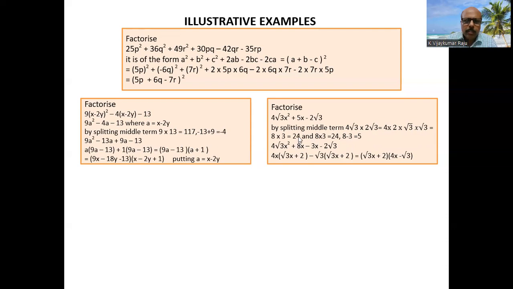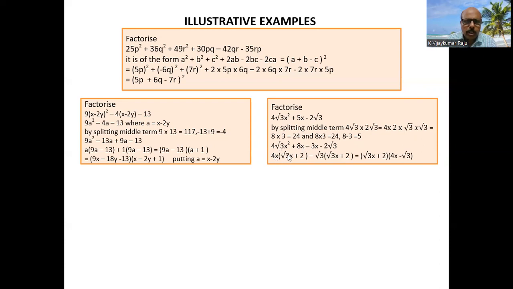Therefore, now you have to find the factors of 24. If you subtract, I must get 5. 8 3s are 24 and 8 minus 3 is 5. So this itself is the factor. So write the first term as it is. Now, the middle term you break as plus 8x minus 3x, minus 2 root 3. Now, common from these two is 4x.